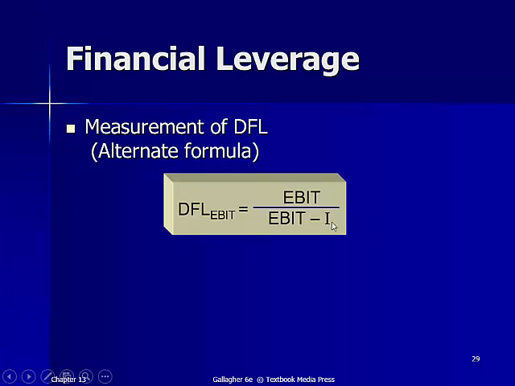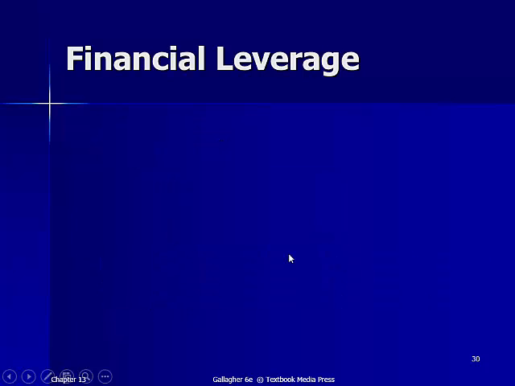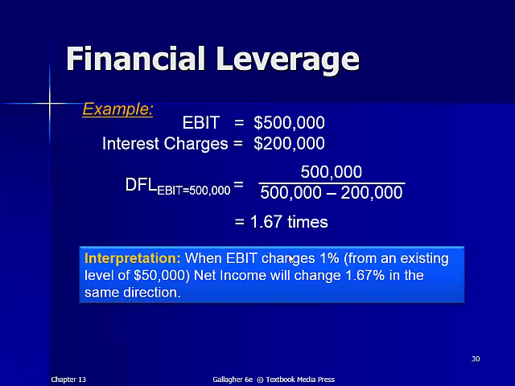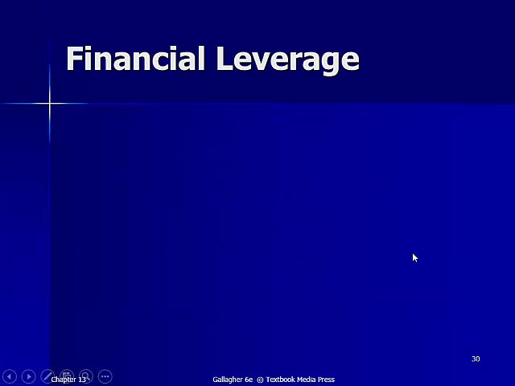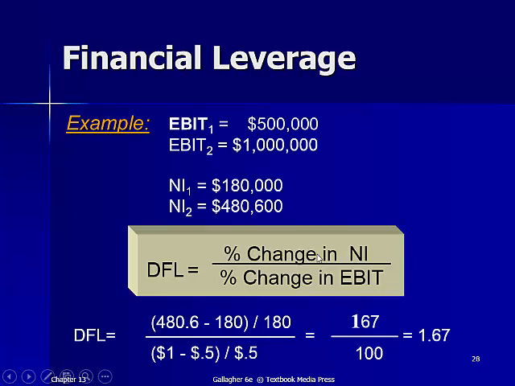As soon as we start subtracting some amount out of the denominator, because the company has this fixed financial cost, the interest expense on its debt, we make the overall number greater than 1. In this particular case, the number is 1.67. So the percent change in our net income is 1.67 times the percent change of our EBIT, our operating income.